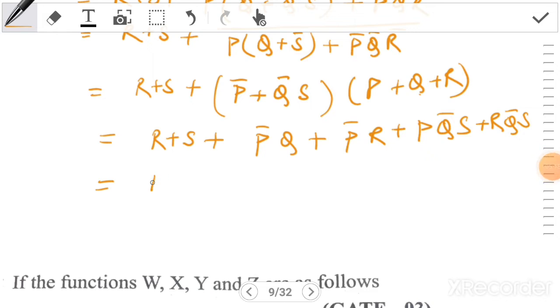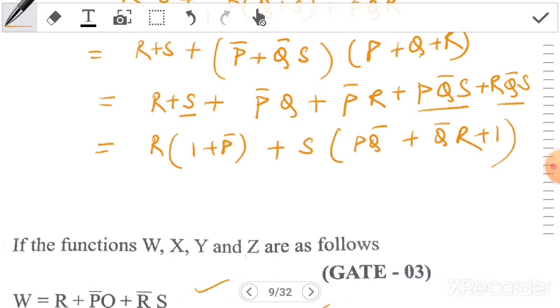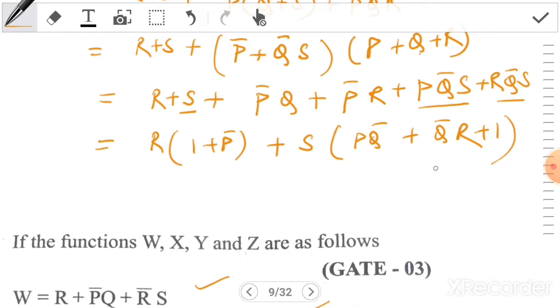Now take R common from here and here, so 1 plus P complement, and take S common from this and this, so S out, so P Q complement plus Q complement R plus 1 and plus P complement Q. So this is 1, 1 plus anything is 1.